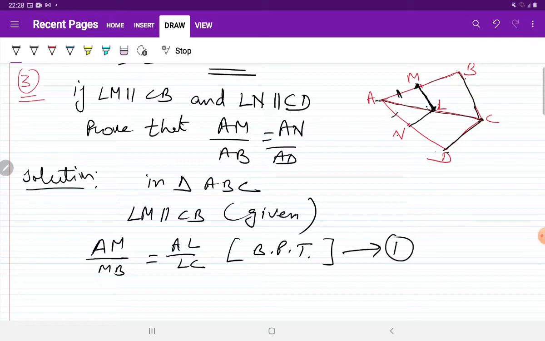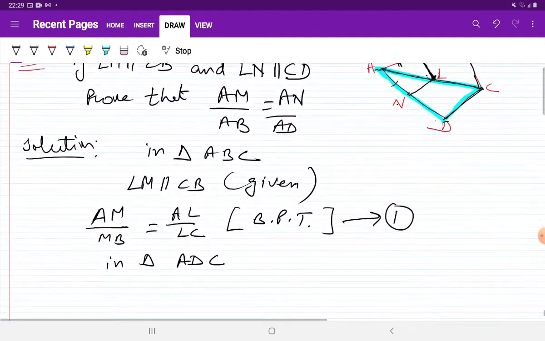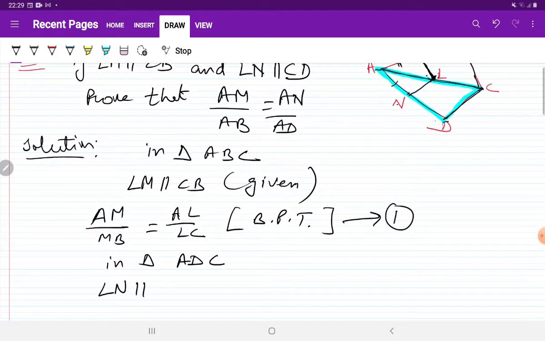Now come to the second triangle. Which second triangle? A, C, D. First I took ABC, now I am taking ADC. In triangle ADC, again, what is given? LN is parallel to CD. This is your given. You can write it here.